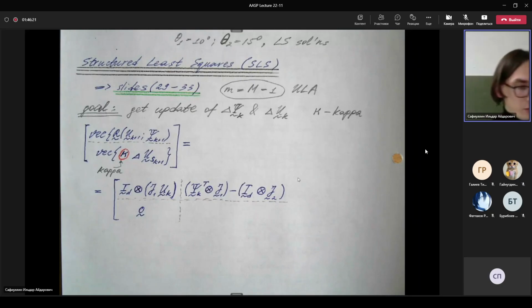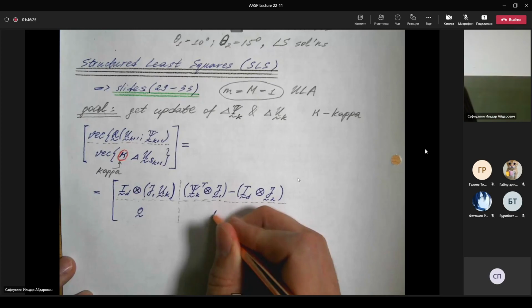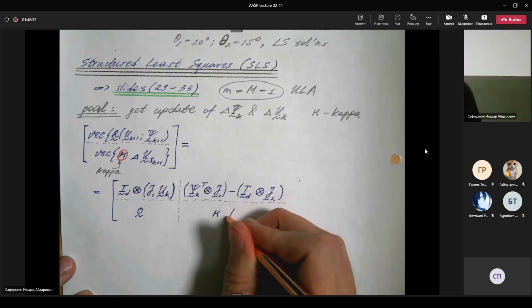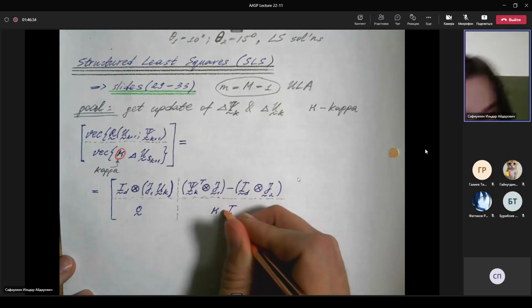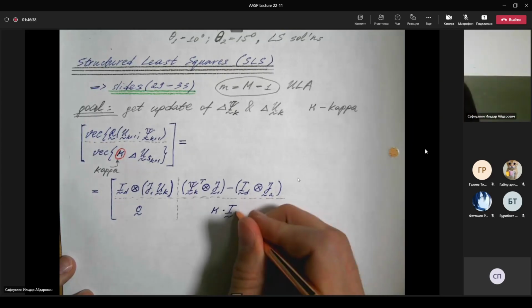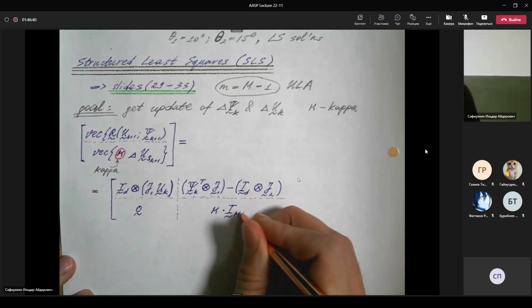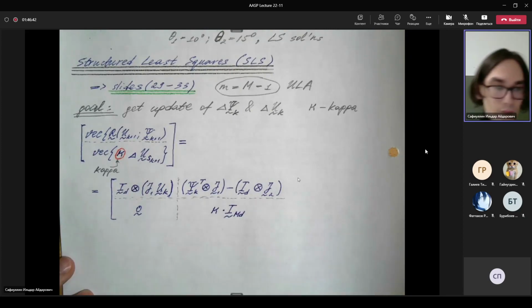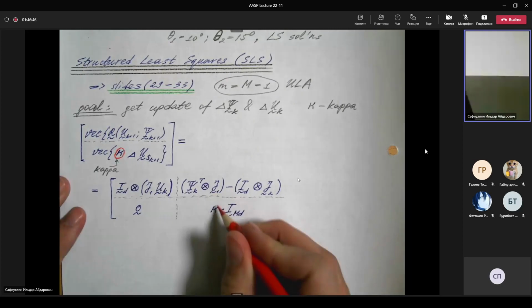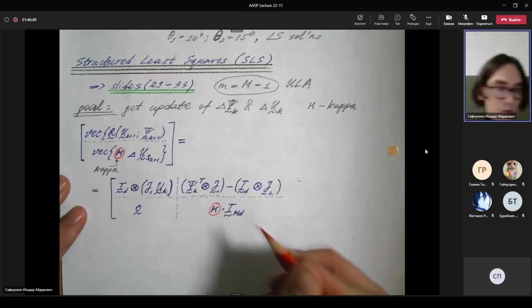And below this thing, we have kappa times the identity matrix of size M times D. So the same kappa here is our weight factor.